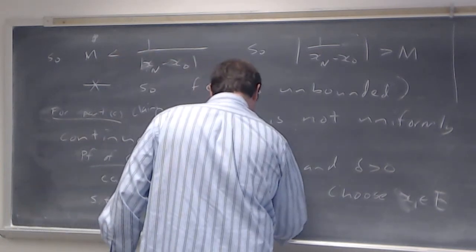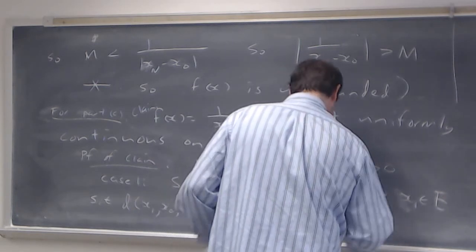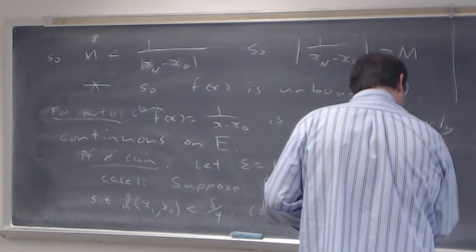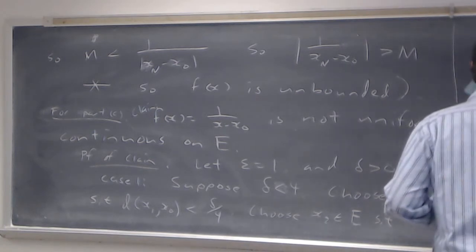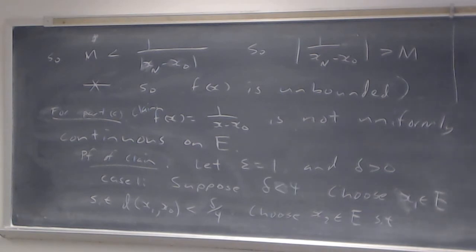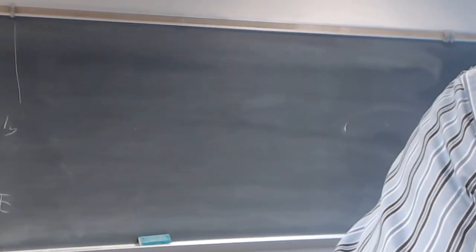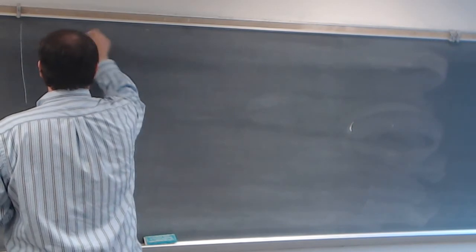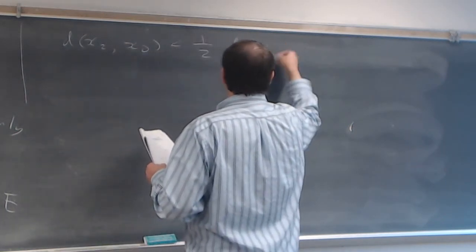Now, choose x sub 2 element of E such that the distance between x sub 2 and x sub 0 is less than 1/2 whatever the distance is between x sub 1 and x sub 0.